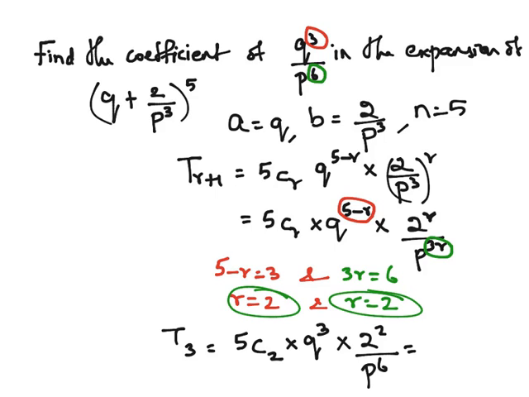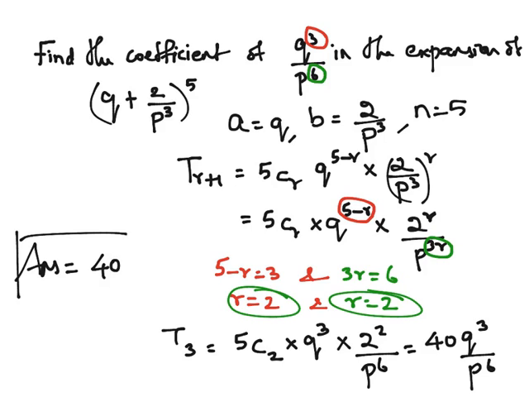So I shall get 5C2 is nothing but 10 and 2 square is 4, so we'll get 40 q cubed by p raised to 6. So the answer is 40. The reason is they are asking only to find the coefficient of q cubed by p power 6, not the term. So you need to write only the coefficient. So this is the answer for this particular problem.